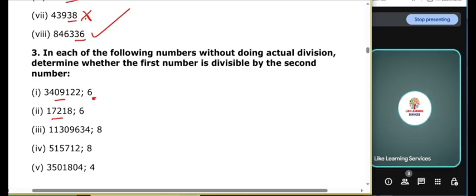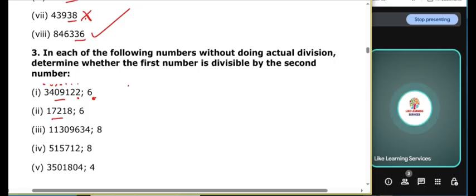Let's add up. 3 plus 4, 7, plus 0, 7, plus 9, 16, plus 1, 17, 19, 21.